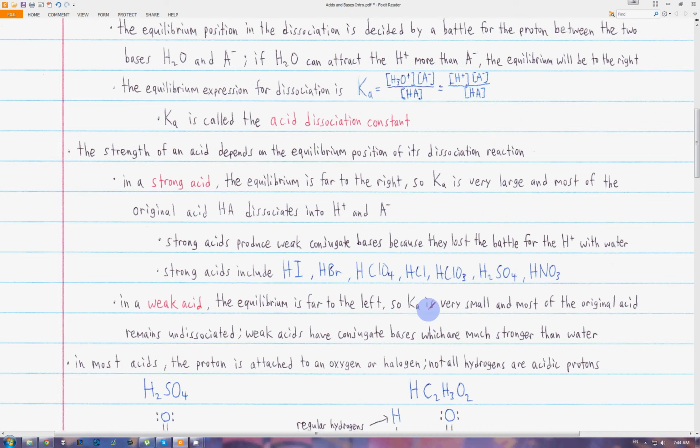So that means the conjugate base won the battle over water for attracting the proton. So weak acids have relatively strong conjugate bases. The conjugate bases are much stronger than water. Now, note that this does not mean that their conjugate bases are classified as strong bases. And we'll talk more about bases later.